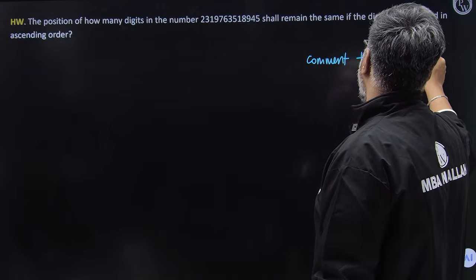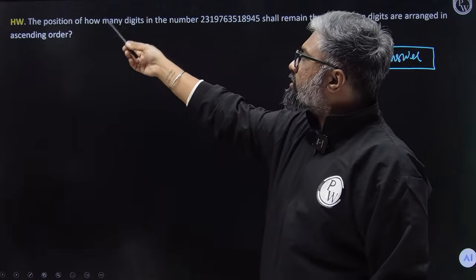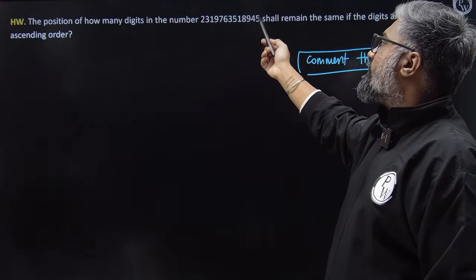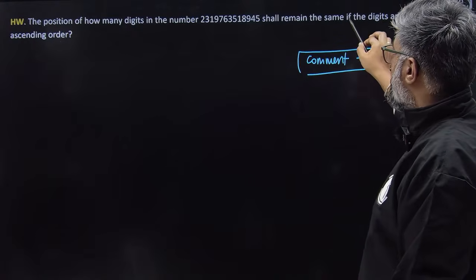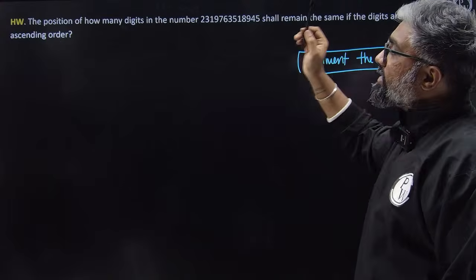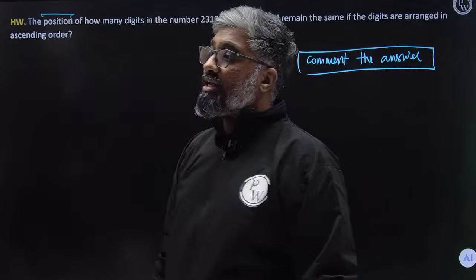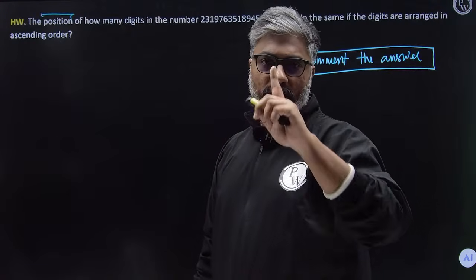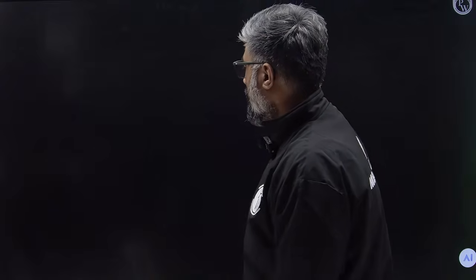This is a theta question which is asking the position of how many digits in the number 231976351895 shall remain the same if the digits are arranged in ascending order. Position should remain the same if they are arranged in ascending order. Cool? So try doing this. Whenever possible, come back, comment the answer. Okay? That's what I want from you all.